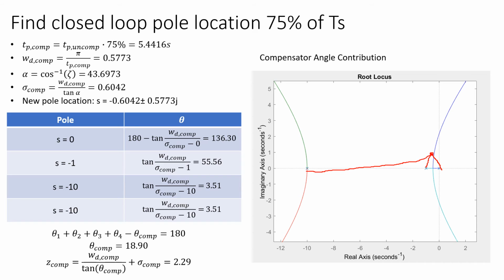Now we have an angle theta 1 here, an angle theta 2 here, and then we also have 2 angles here for our 2 poles at -10. Solving for these values, we get a compensated angle of 18.9. Then we'll also use that angle to help solve for our 0, and we'll find that we want to put a 0 at 2.29.